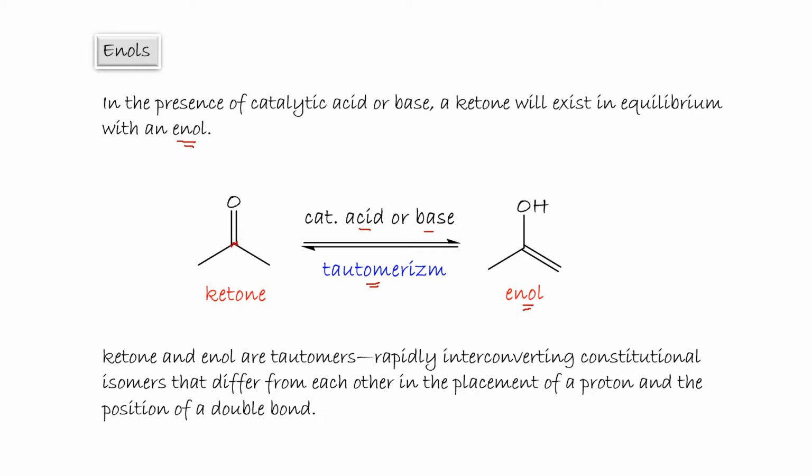They are constitutional isomers that differ from each other in the placement of the proton and the position of the double bond. So here is carbon, double bond, carbon. Here is carbon, double bond, oxygen. So they are different. We say they are in equilibrium.